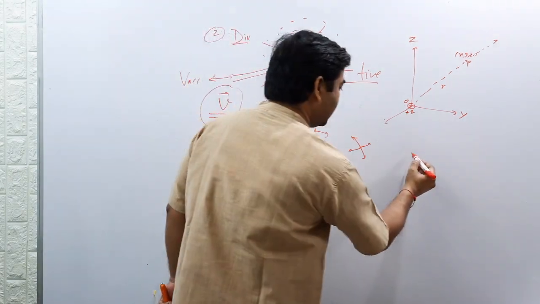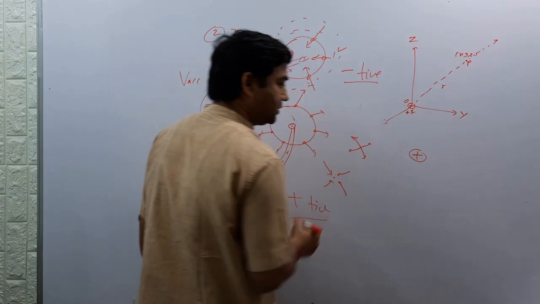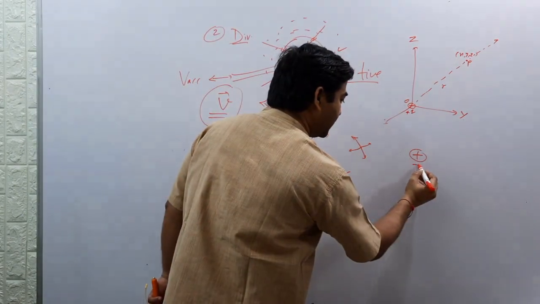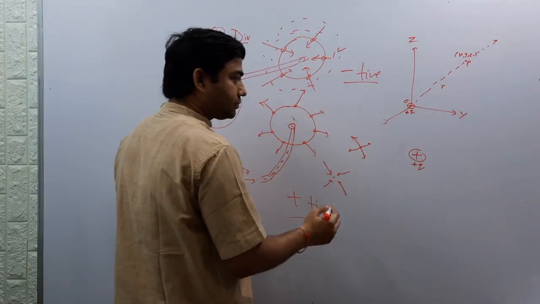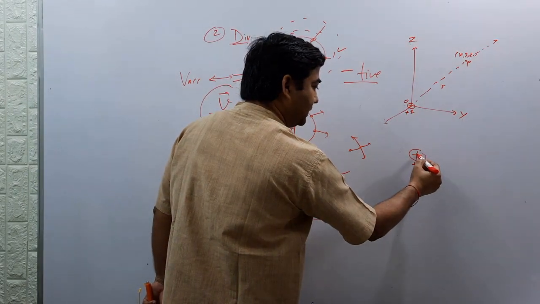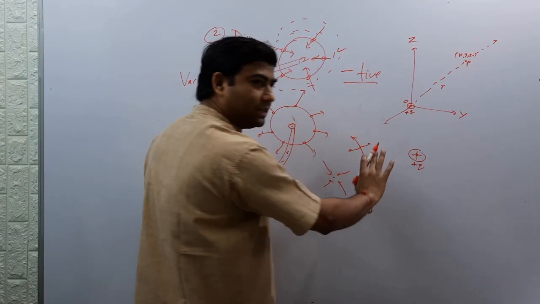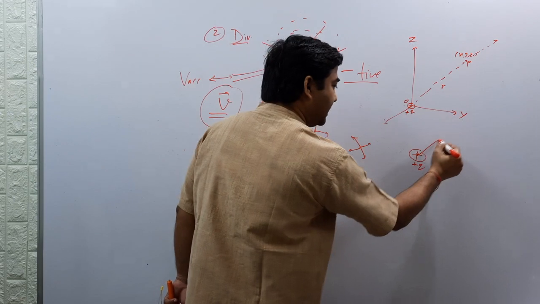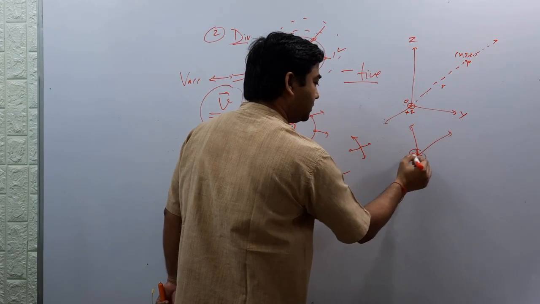So we can also say, for a positive charge plus Q, it will create an electric field. The electric field will be radially outward.